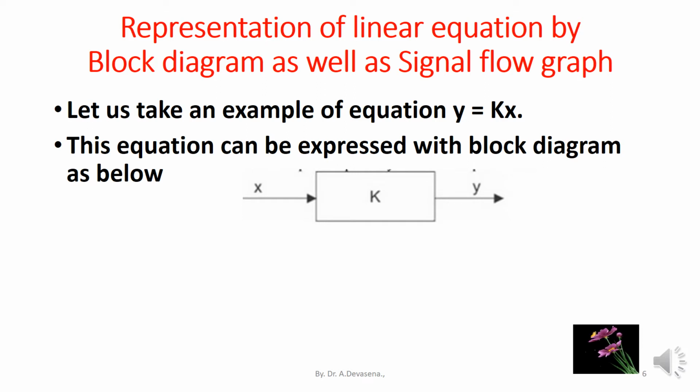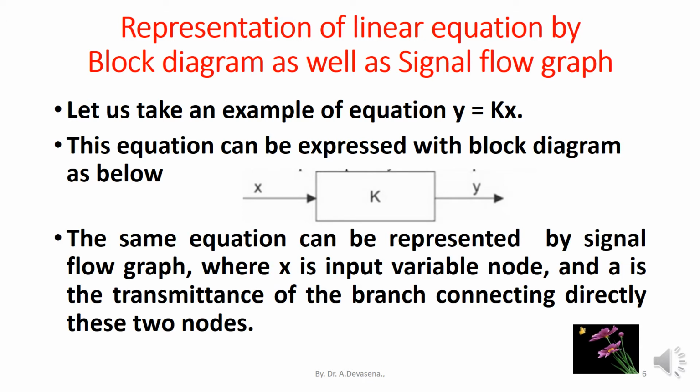The input variable is applied on the process in order to obtain the output variable y, that is equal to k into x. The same equation can be represented by a signal flow graph where x is the input variable node and a is the transmittance of the branch connecting directly these two nodes as shown below. So here a is the transmittance that is indicated in the signal flow graph.